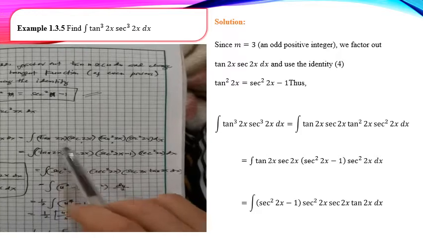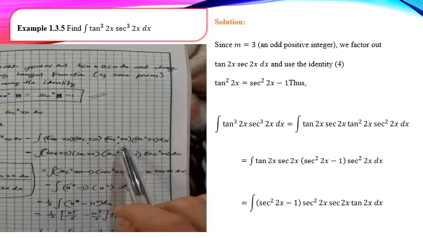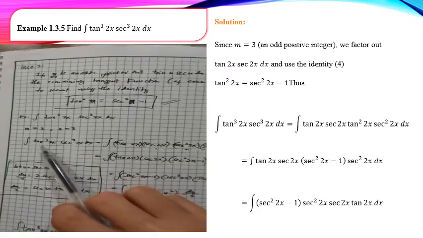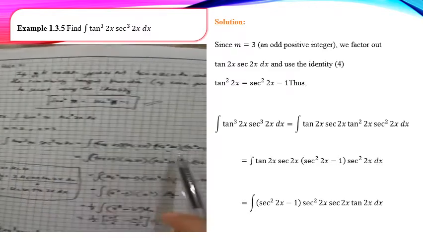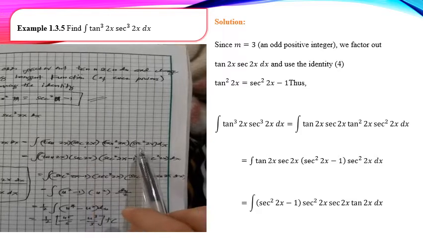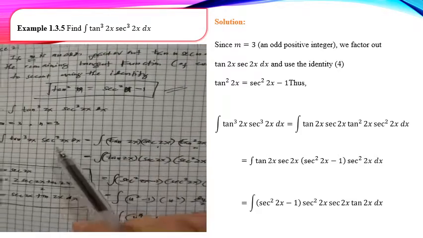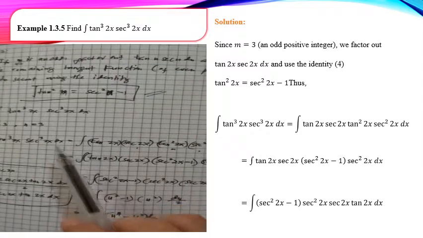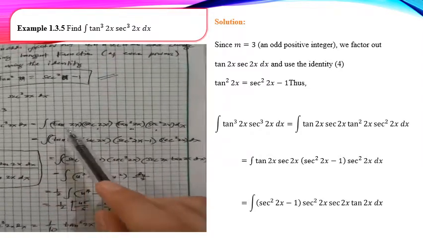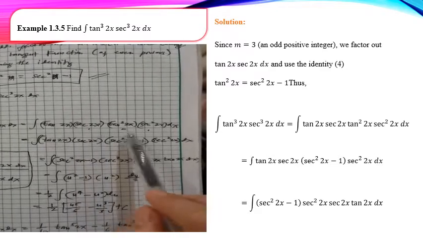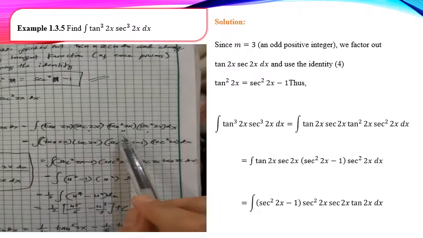So, tangent 2x times tangent squared 2x is babalik tayo doon sa tangent cube 2x. The same with secant 2x multiplied by secant squared 2x. Ang product niyan is magiging secant 2x cube. Okay. So, take note, eto yung mga binawas ko, and then eto din yung remaining na function.